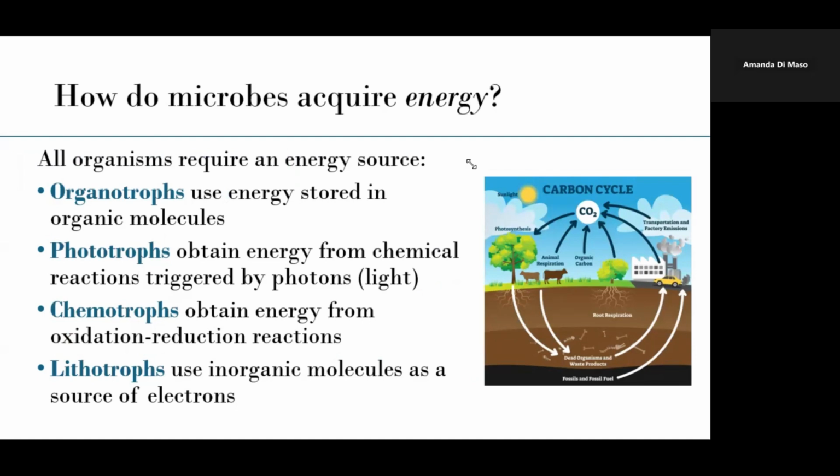So we can get energy from organic molecules. Those are organotrophs. That's us. We eat organic molecules. We eat food and we break them down. We steal the carbon from them because we're heterotrophs, but we also steal the electrons and the energy from those organic molecules. So organotrophs, us, this is the starting point. Then we have phototrophs.